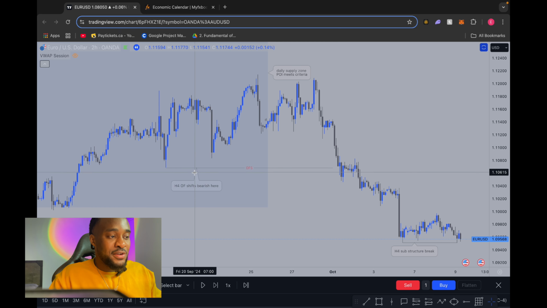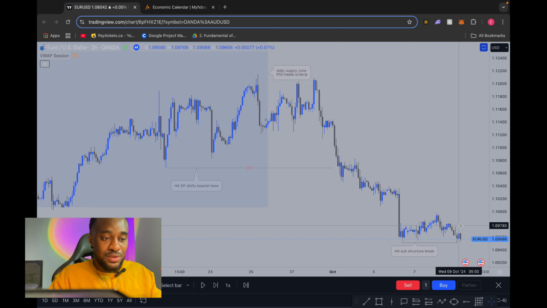Me waiting for the higher time frame to shift and show its hand before I start looking for an entry is very important. So this tells me again that I followed my trade plan because I waited for this. Now this is the interesting part, and this is where we find our entry, because now we have an H4 substructural break.